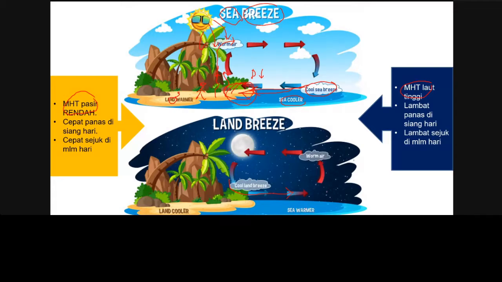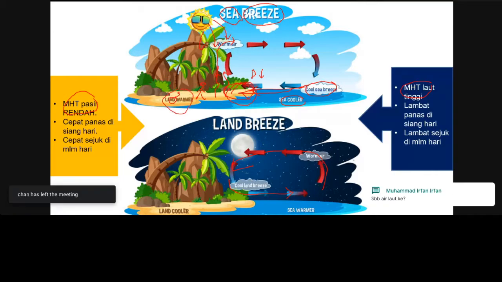Okay, so ni kita panggil ni perolakan lah, right? Perolakan ini just science, right? So that is when you have your sea breeze and your land breeze. So few key points yang you kena tahu here is, first you mesti wajib cakap pasal muatan haba tentu, specific heat capacity. You cakap pasal specific heat capacity pasir kecil, maka dia cepat panas.